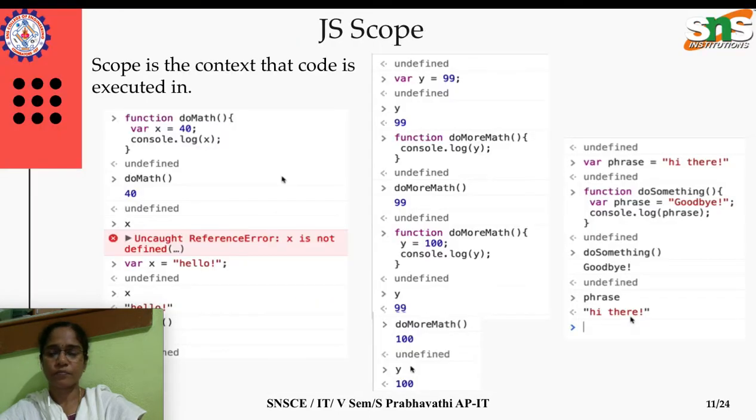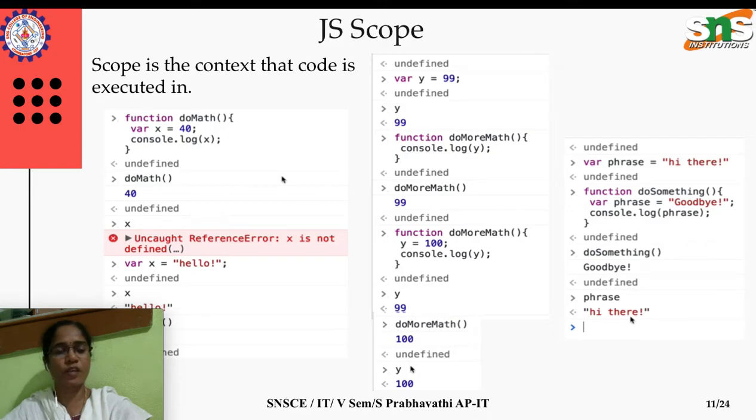Okay, and coming to the scope of the variables, I think you already know about scope, in the sense the visibility of the variables. If we place the variable within the function block, its scope is local. If we define a variable outside the function, you can access it not only in the function but also somewhere else.